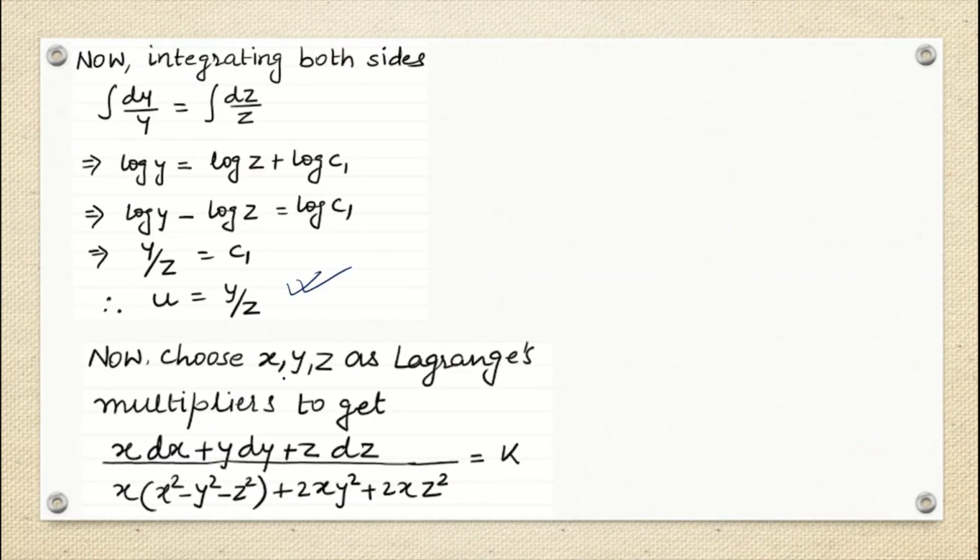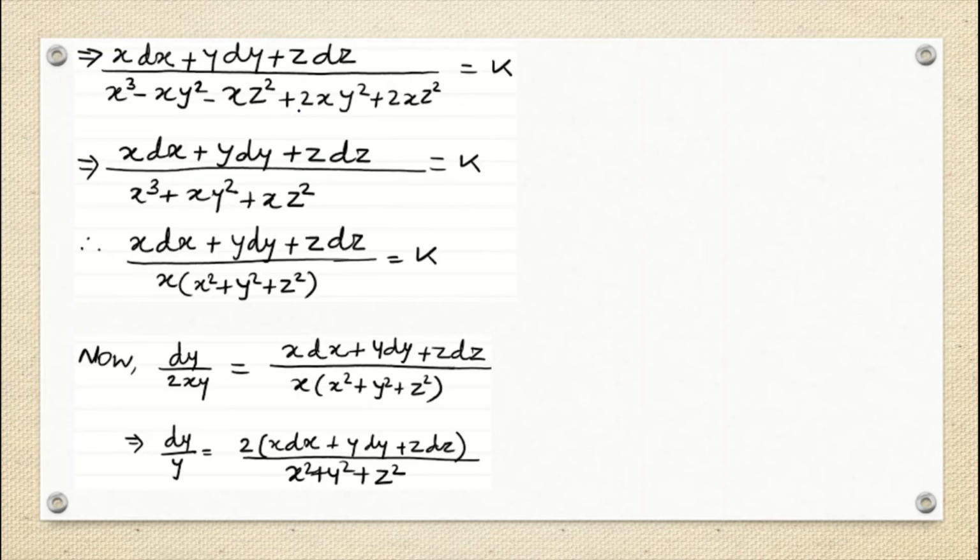Now we have chosen x, y, z as multipliers, and then we are equating it with k. And this step we have also reached, fine, because the denominator is x into x square plus y square plus z square, and our numerator was x dx plus y dy plus z dz, this equals k.